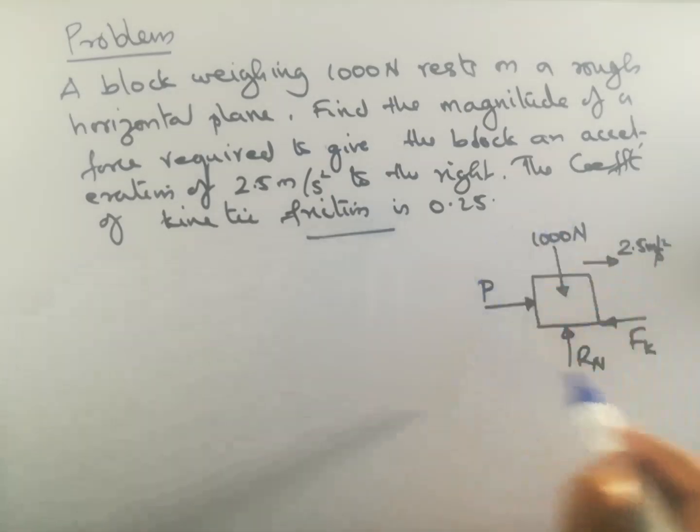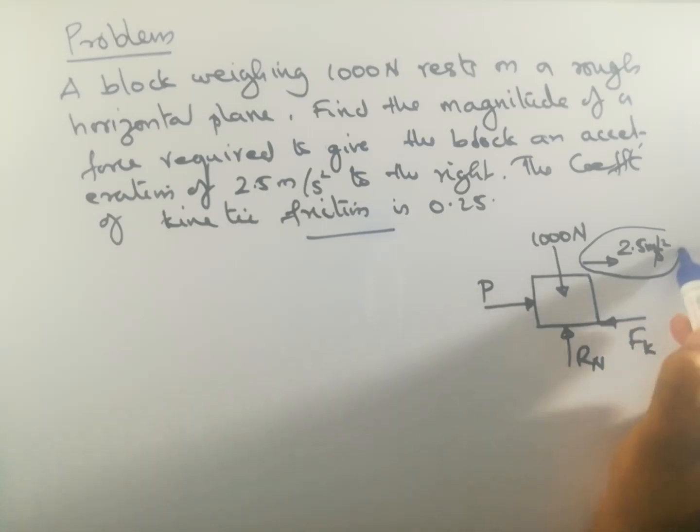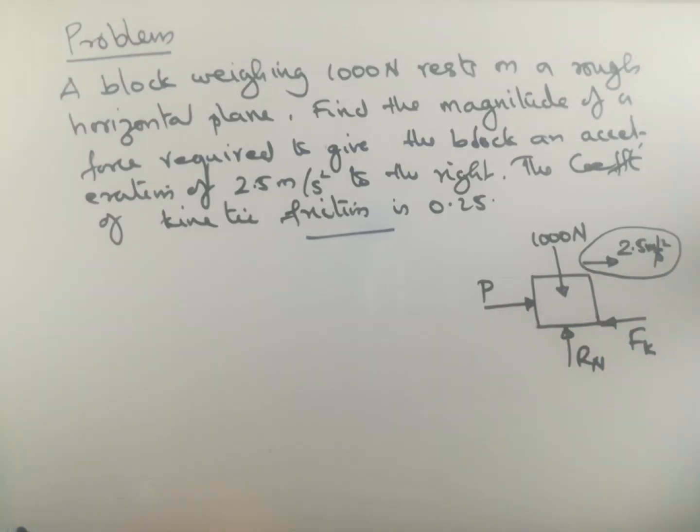So this is the free body diagram, and this is the acceleration. It shows it is moving towards right with an acceleration of 2.5 meter per second square.